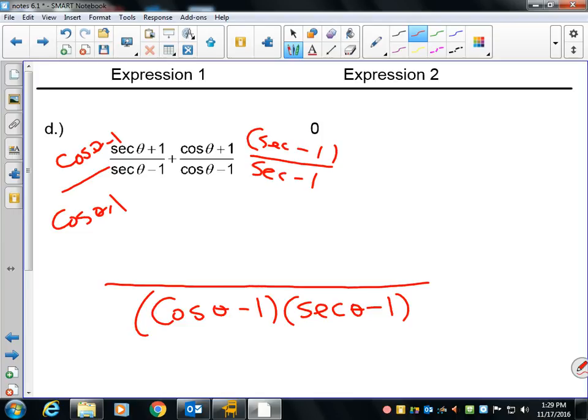Now on the top here, I'm going to have to FOIL, right? Cos times secant is going to be cos times secant theta plus cos theta minus secant theta. It will be there.